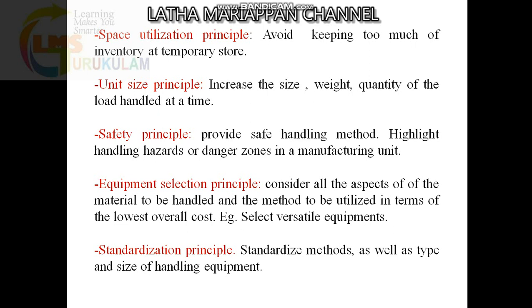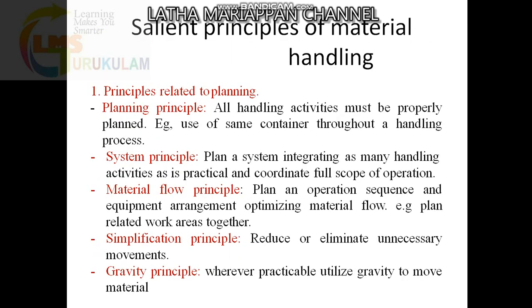The next one is equipment selection principle: consider all the aspects of the material to be handled and the method to be utilized in terms of the lowest overall cost. Okay. The last one is standardization principle. It standardizes the method as well as the type and size of handling equipment.